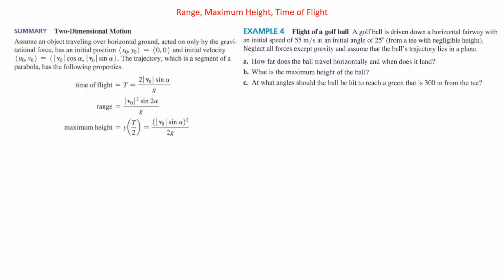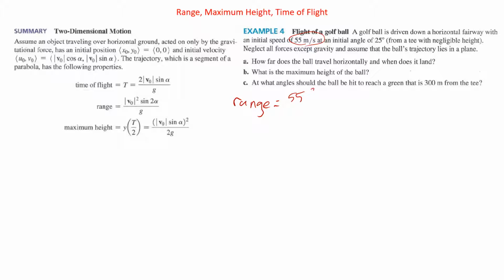So we're just going to plug it in. The horizontal would be the range. So the range is going to equal the magnitude of v naught. Or actually, v naught is an initial speed. So it's speed, 55 meters per second. So notice we're using meters per second, so gravity will be 9.8.